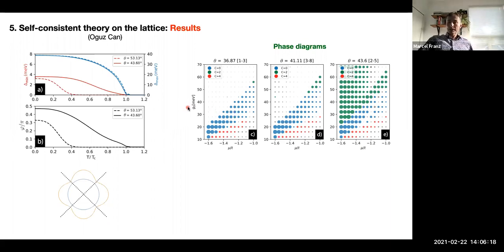And the reason why we consider the whole range of these parameters is that it turns out, surprisingly, after almost 30 years of research on these materials, there's no consensus what actually these values are.